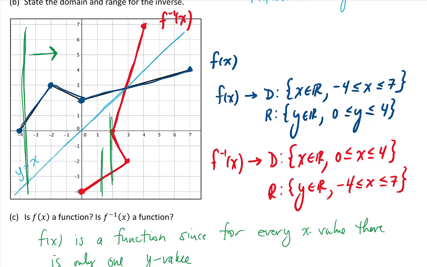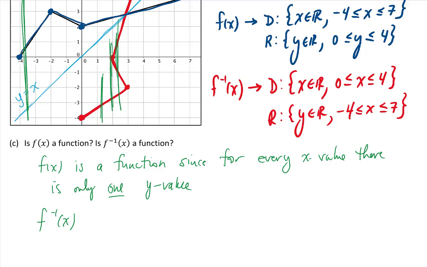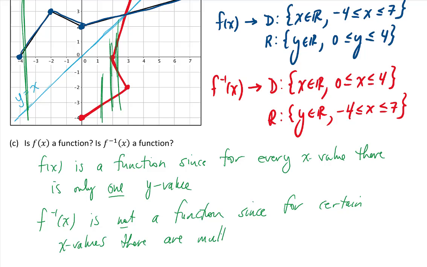Here, there's 1. From here to here, there's 3. And then again 2. So this right here is where we have a problem. There are multiple times that a vertical line will hit that red graph. So f inverse is not a function. We see this in between 2 and 3, where the vertical line test fails.